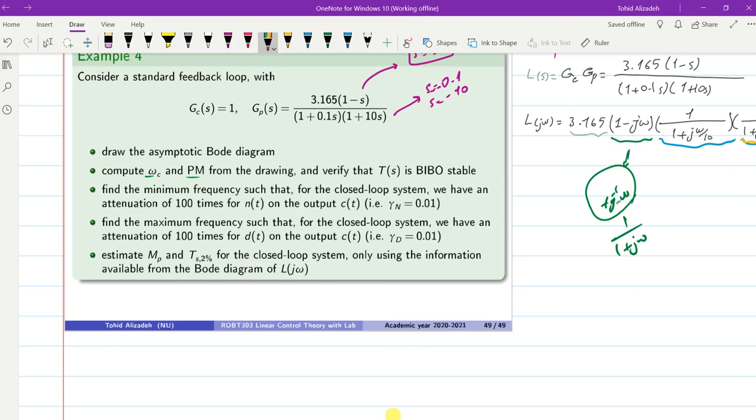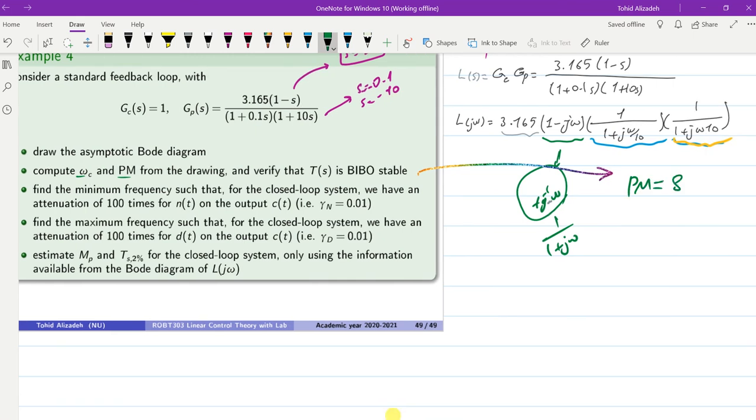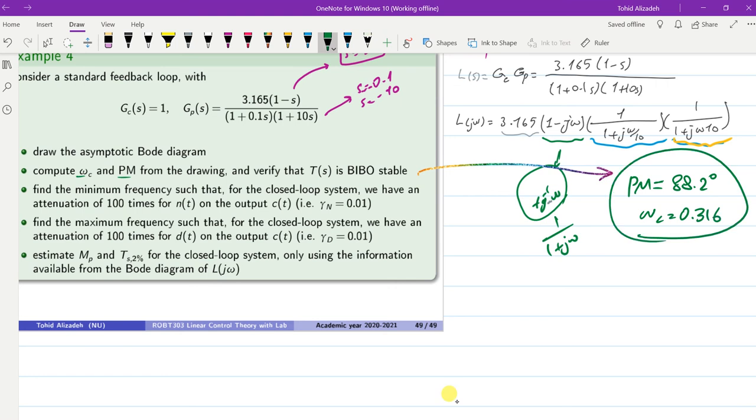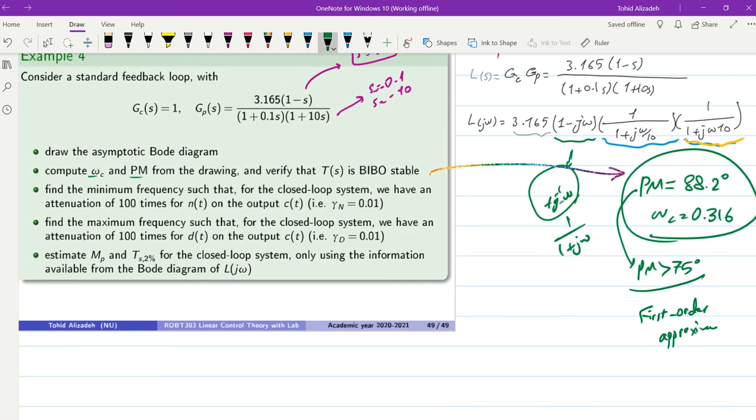So the phase margin is 88.2 degrees, and omega c is equal to 0.316. You can see that since the phase margin is bigger than 75 degrees, we can have the first order approximation. And this means that we will not have any overshoot. And our closed loop system is also stable.